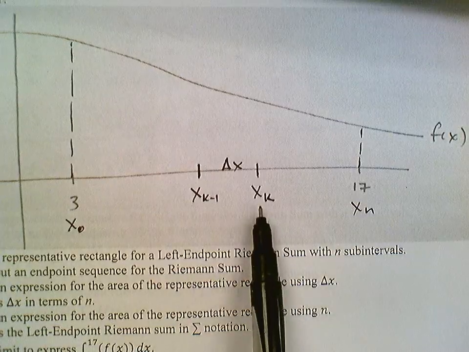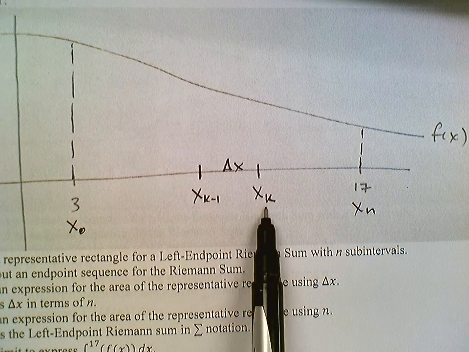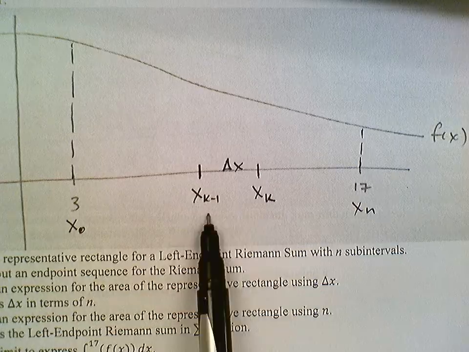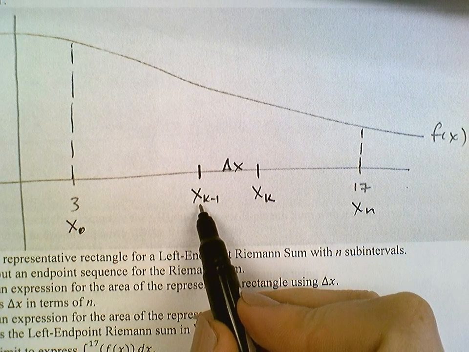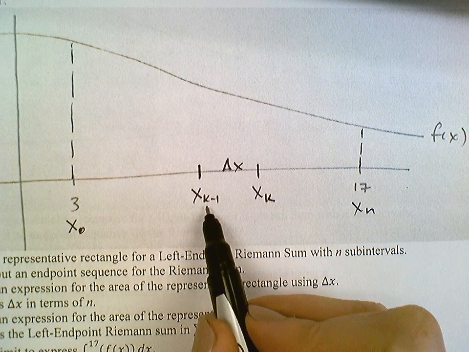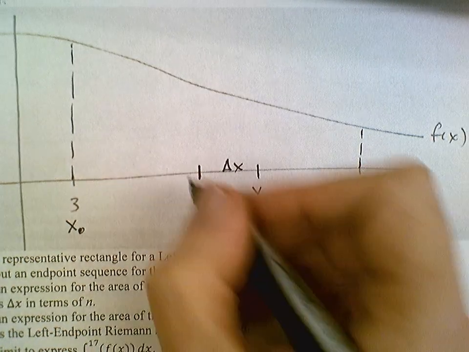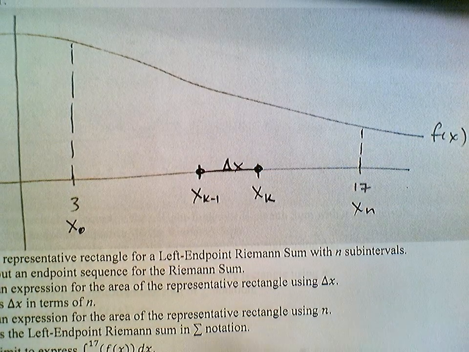Like if this was x sub 4, we'd want this to be x sub 3. If this was x sub 12, this would be x sub 11. So to get to the previous endpoint of this interval, we need to just subtract 1. All right, so that's the idea. Okay, so these are the endpoints of this rectangle we're about to draw.